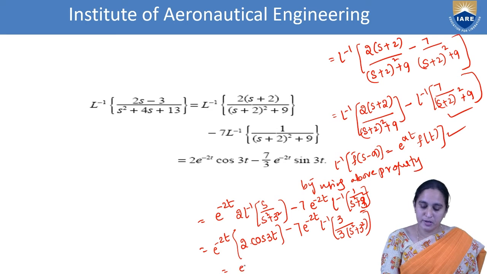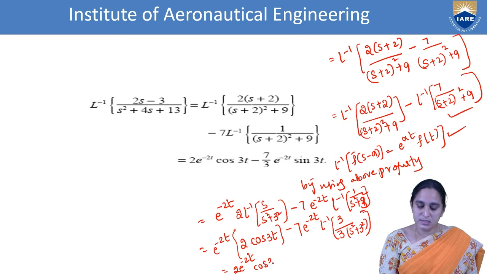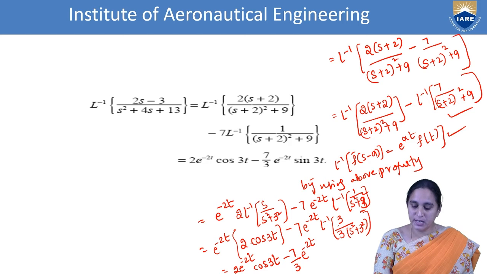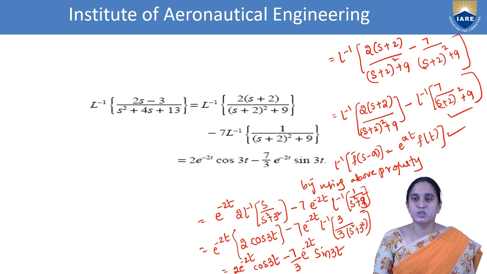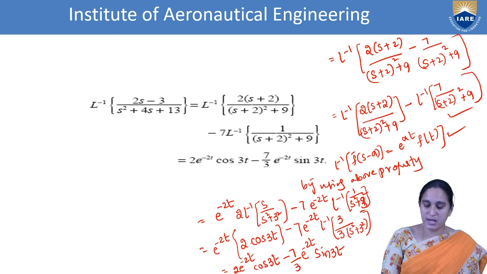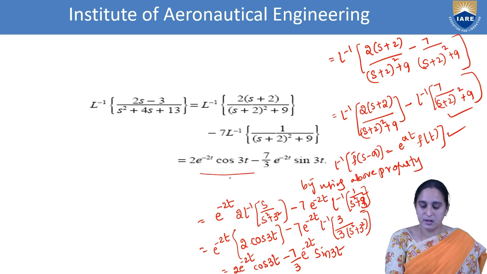So 2 into e power minus 2t into cos 3t minus, here I am taking 7 by 3 into e power minus 2t. After multiplying and dividing by 3, it is converted into Laplace inverse of a by (s square plus a square). What is a here? 3. That means it is sine 3t. That is 2 into e power minus 2t into cos 3t minus 7 by 3 into e power minus 2t into sine 3t. That is the final answer.